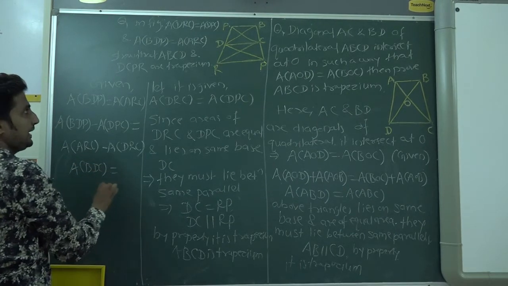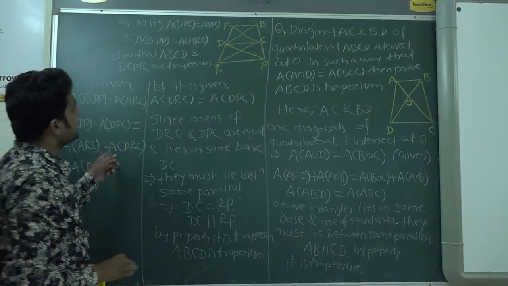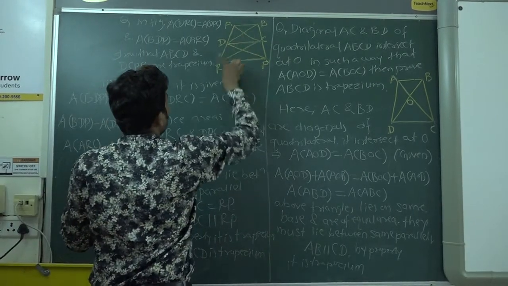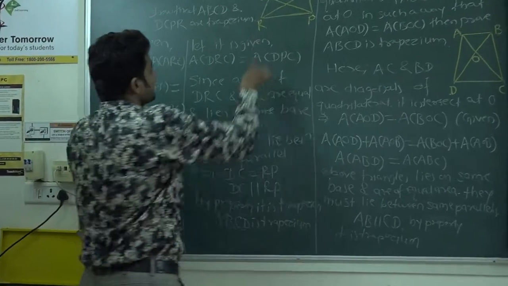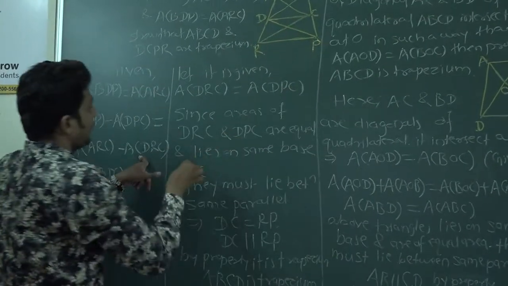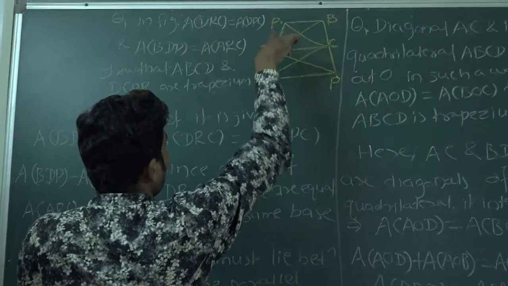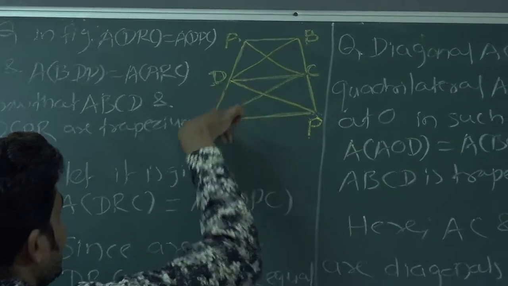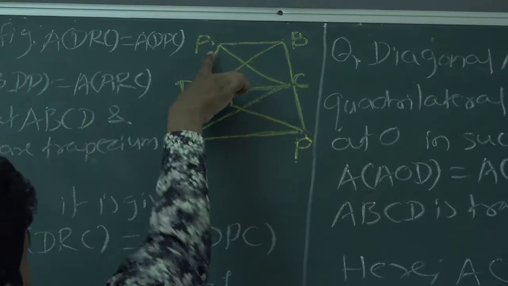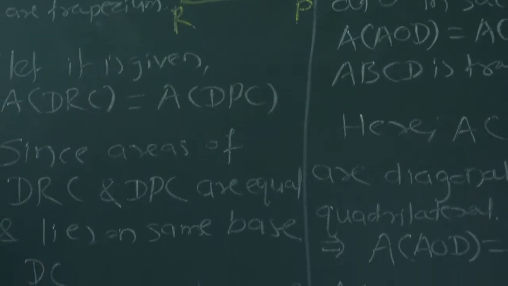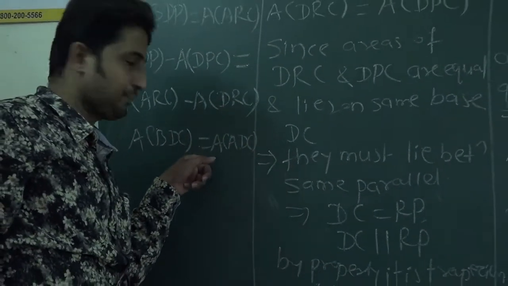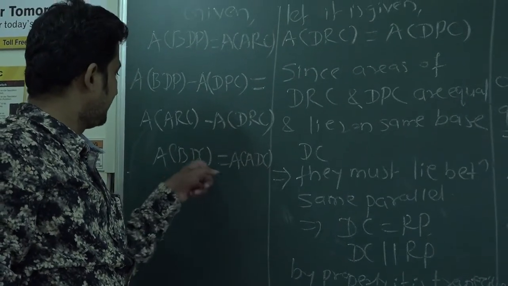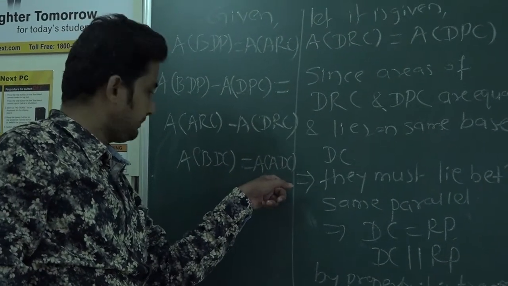BDC, right? Now, from this area ARC we are subtracting DRC. Now tell me, from this ARC we are subtracting DRC, and what will we get? Correct. Area of ADC. Now dear students, tell me, what are the results here?